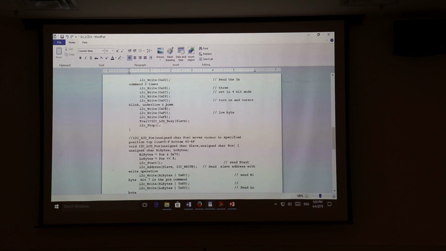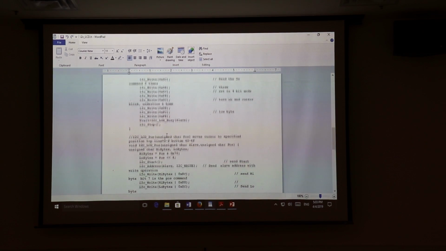So we don't have to check the busy bit between these writes, but we do when we write a command to move the cursor, to underline, to home it. That particular command can take up to 1.4 milliseconds, so we definitely have to check the busy bit for that one.